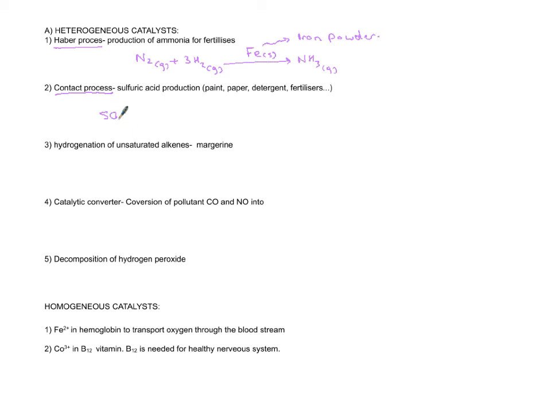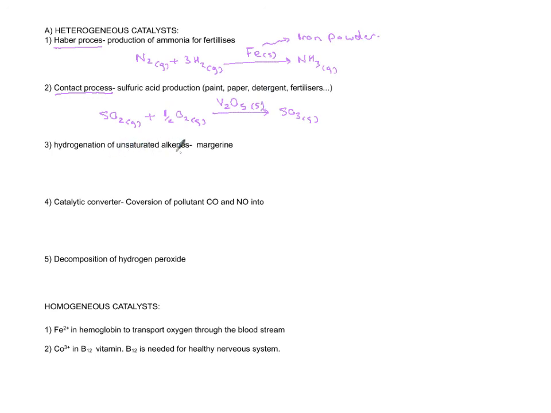And this is intermediate step of production of sulfuric acid. Sulfur dioxide is trying to react with oxygen to give you sulfur trioxide. Reaction is slow, so we put vanadium 5 oxide, solid, and the reaction goes faster.